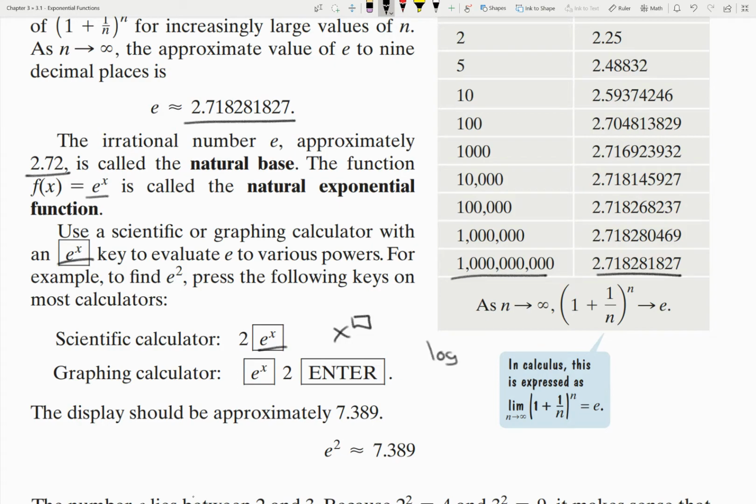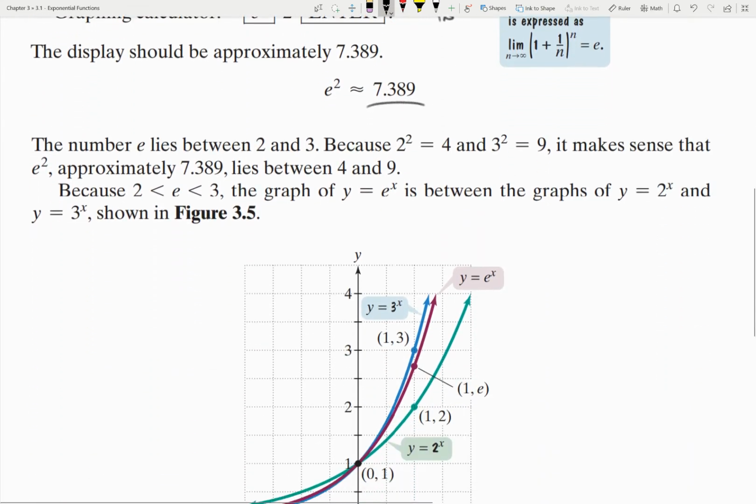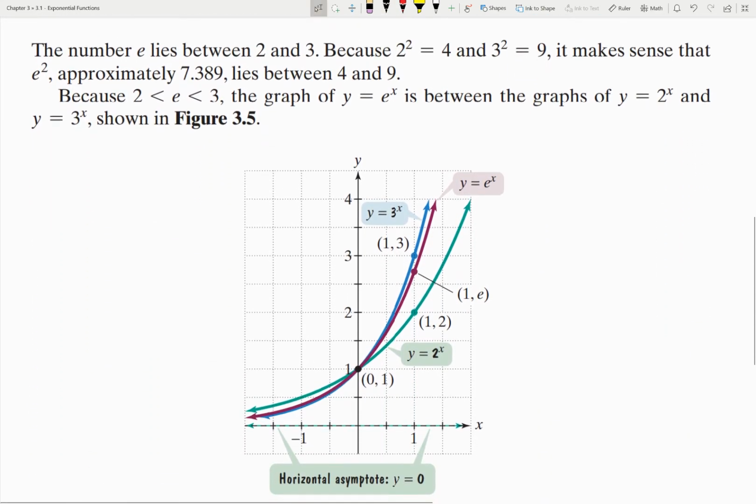It might be close to a button that has a log or something that has an ln. Okay, might have to press shift, it depends on your calculator. If you wanted to do e squared, you should get something like 7.389. Okay, so the number e lies between 2 and 3, it's 2.72.